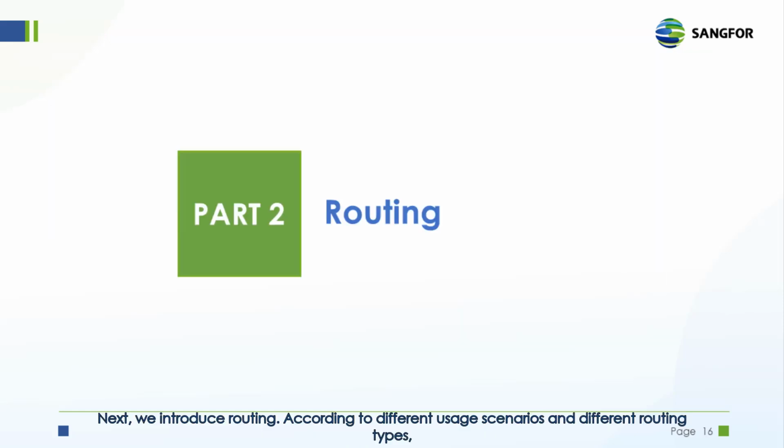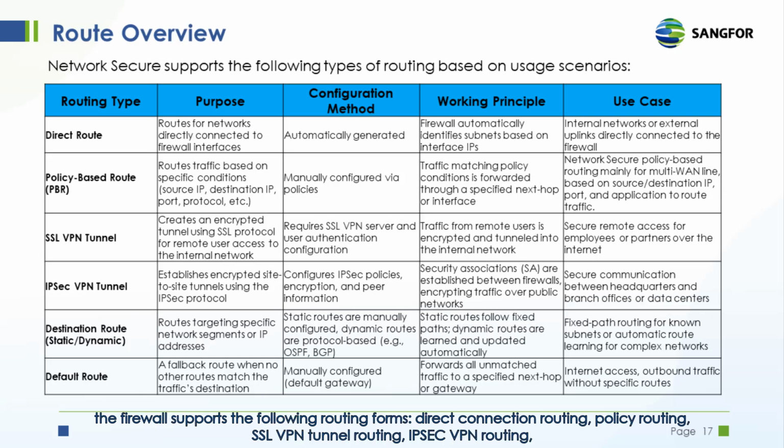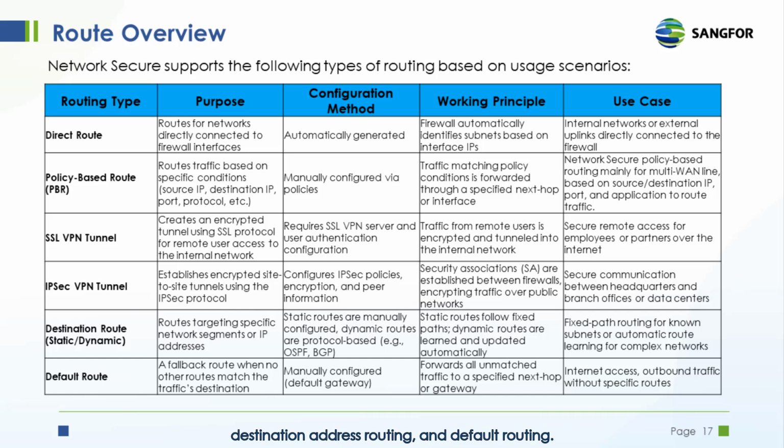Next, we introduce routing. According to different usage scenarios and different routing types, the firewall supports the following routing forms: direct connection routing, policy routing, SSL VPN tunnel routing, IPsec VPN routing, destination address routing, and default routing.